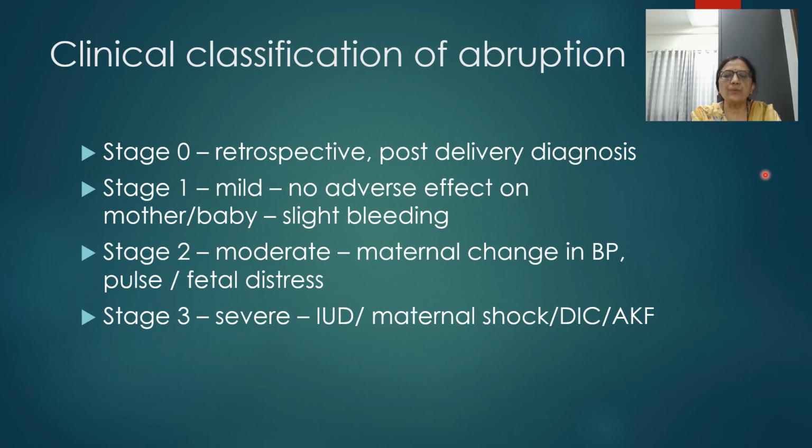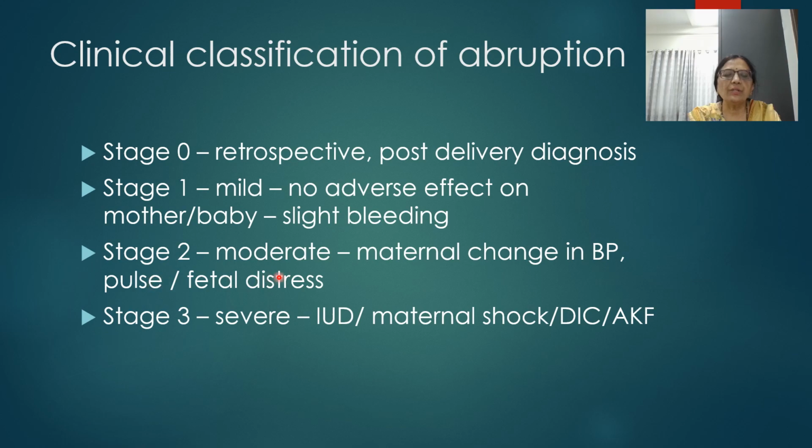Clinical classification of abruption has been given in some textbooks. It is stage 0 whenever it is a retrospective diagnosis, that after the delivery we examine the placenta and we find the presence of a depression with a retroplacental hematoma. Stage 1 is mild, when there are no adverse effects on mother or baby and usually the bleeding is slight.